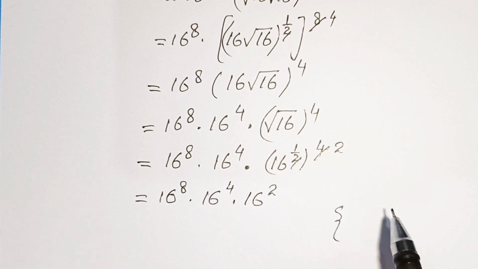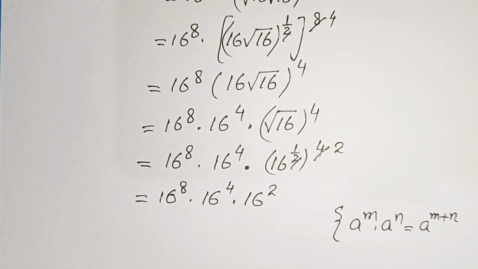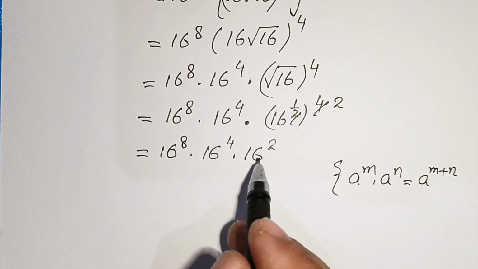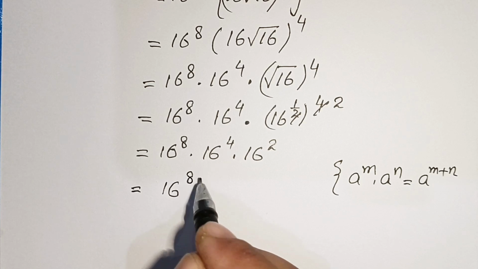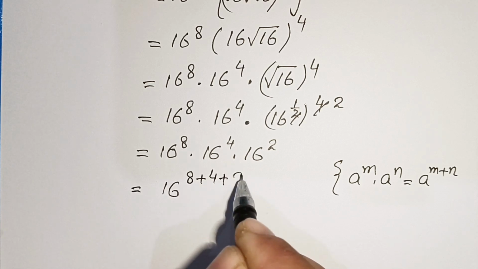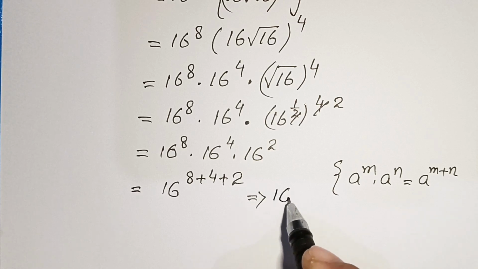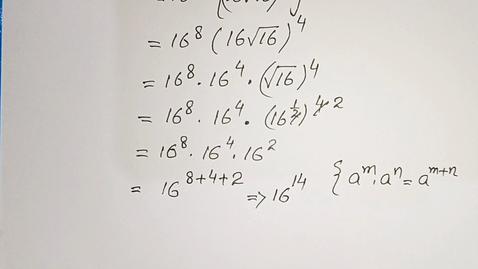Now we know that if we have a to the power m times a to the power n, then we can write this as a to the power m plus n. So here as the base is 16, which is the same, the powers will be added: 8 plus 4 plus 2. Here we have 16 to the power 8 plus 4 is 12, plus 2 is 14.